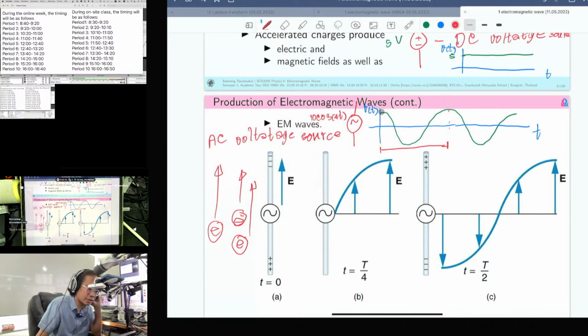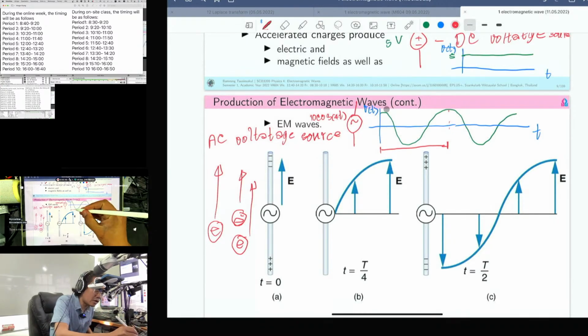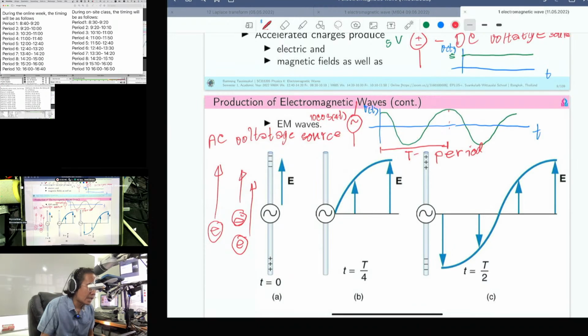You will return to the same point of the wave right here, and this time is called capital T, which is known in English as period. This is the time you wait until the wave returns to its original point.